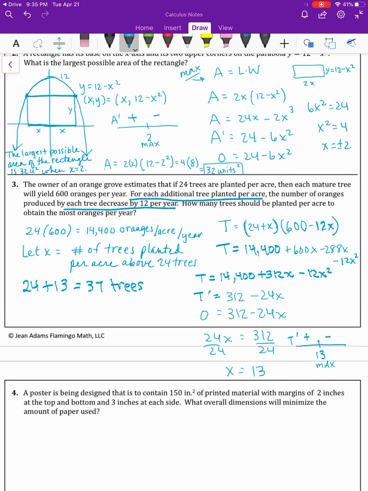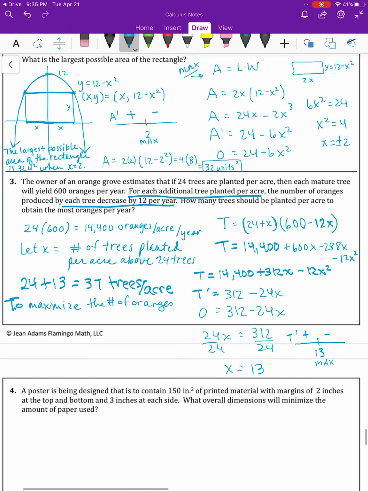So now, remember, this is the number of trees above 24. And they're asking us how many trees should be planted per acre to obtain the most oranges per year. So to find that final answer, I'm going to have to take 24 plus 13. 37 trees need to be planted per acre to obtain the most number of oranges per year. So 37 trees per acre.